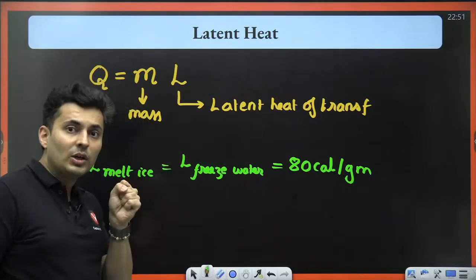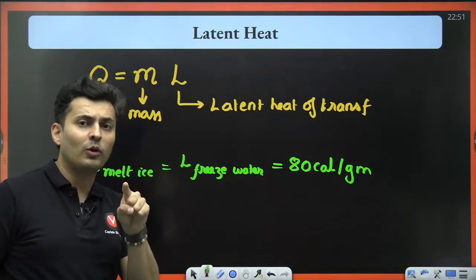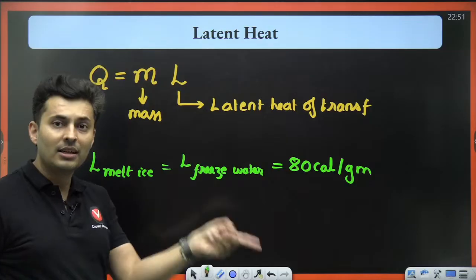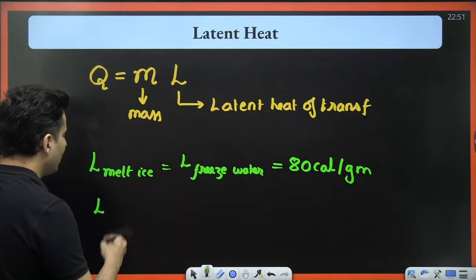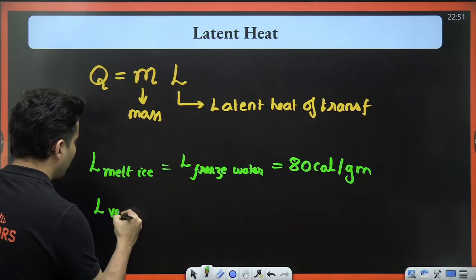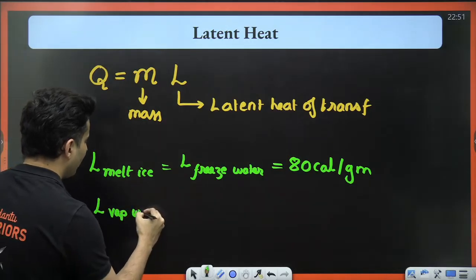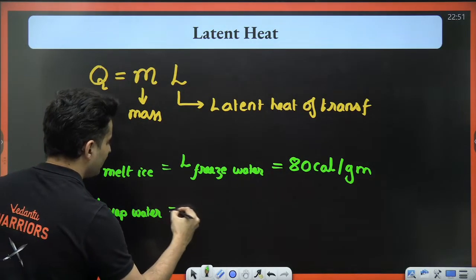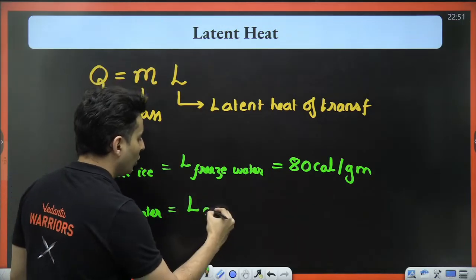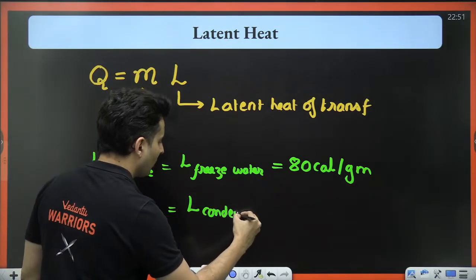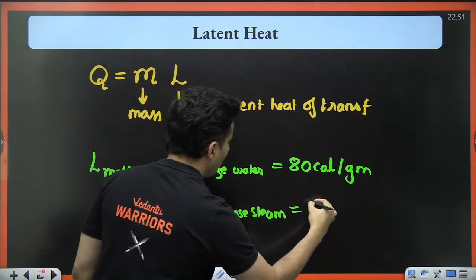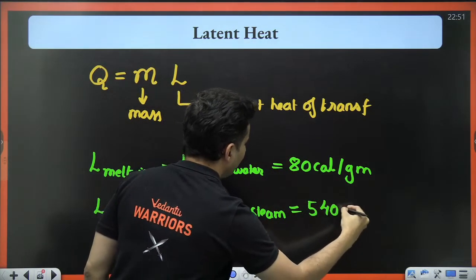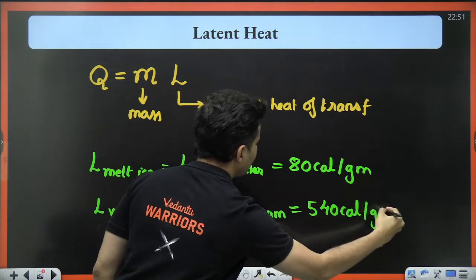If you take away heat of 80 calories from 1 gram of water at 0 Celsius, it will convert into ice. Same way, latent heat to vaporize water is the same as latent heat to condense steam, and that value is 540 calories per gram.